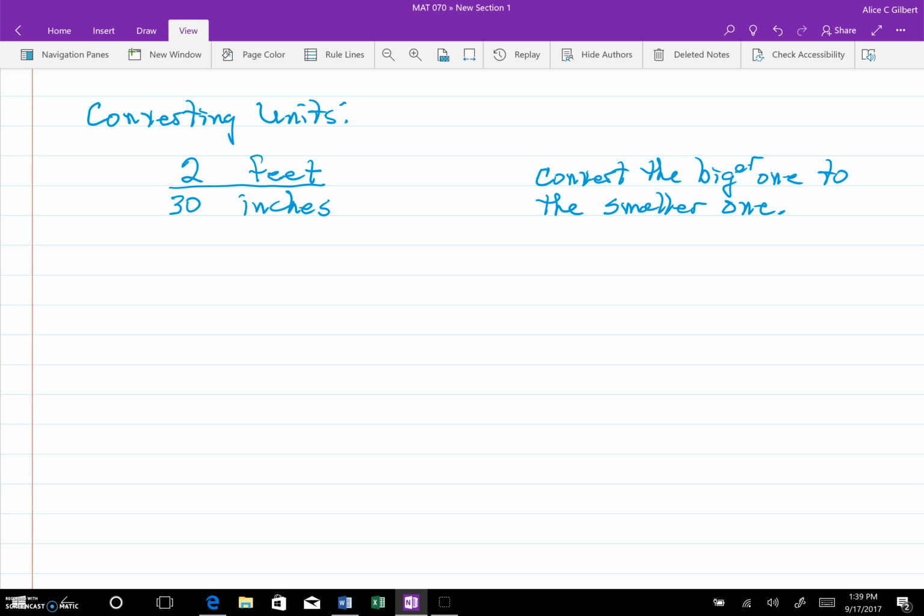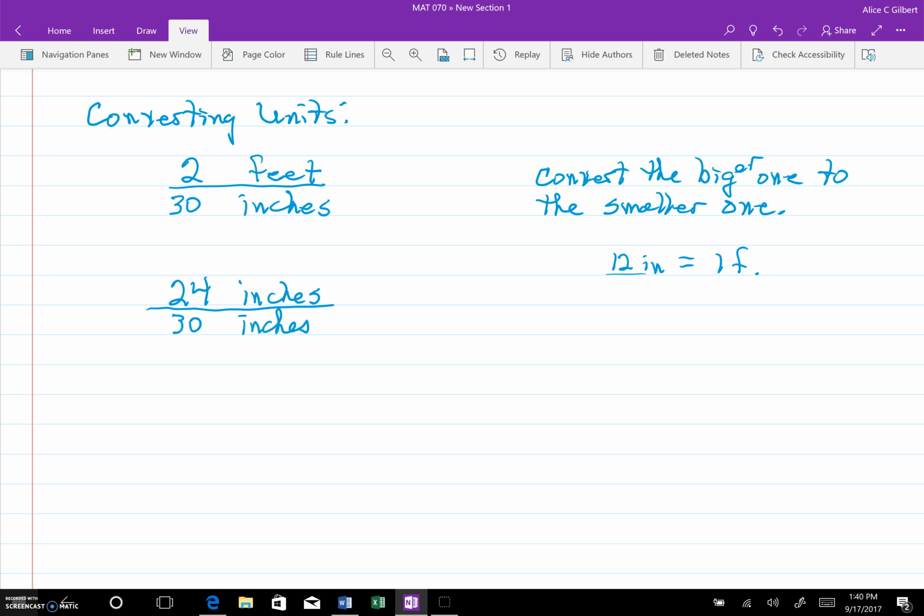Let's come back. So how many inches are in 1 foot? Well, 12 inches equals 1 foot. So if I have 2 feet, 2 times 12 is 24 inches, right? And then 30 inches.